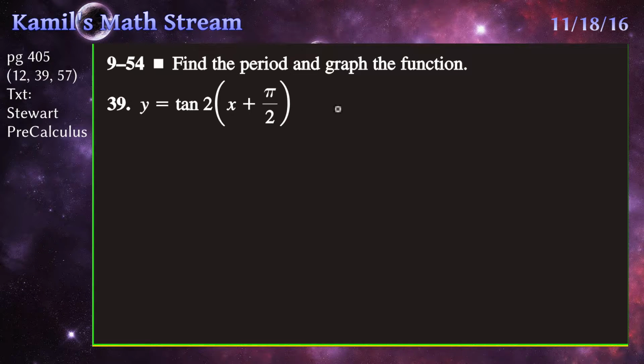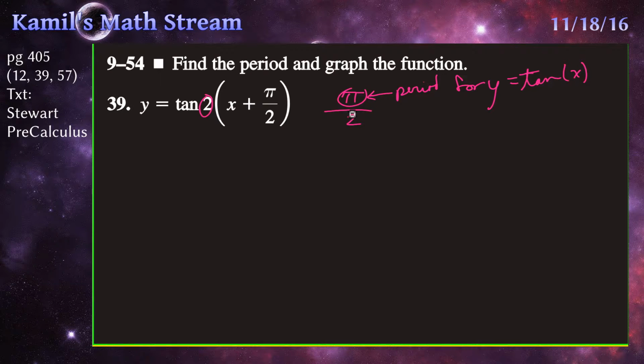Okay, first let's find the period. Period is, no, it's pi over 2, because this is 2, and the period for the parent graph, which is y equals tan of x, is just pi.